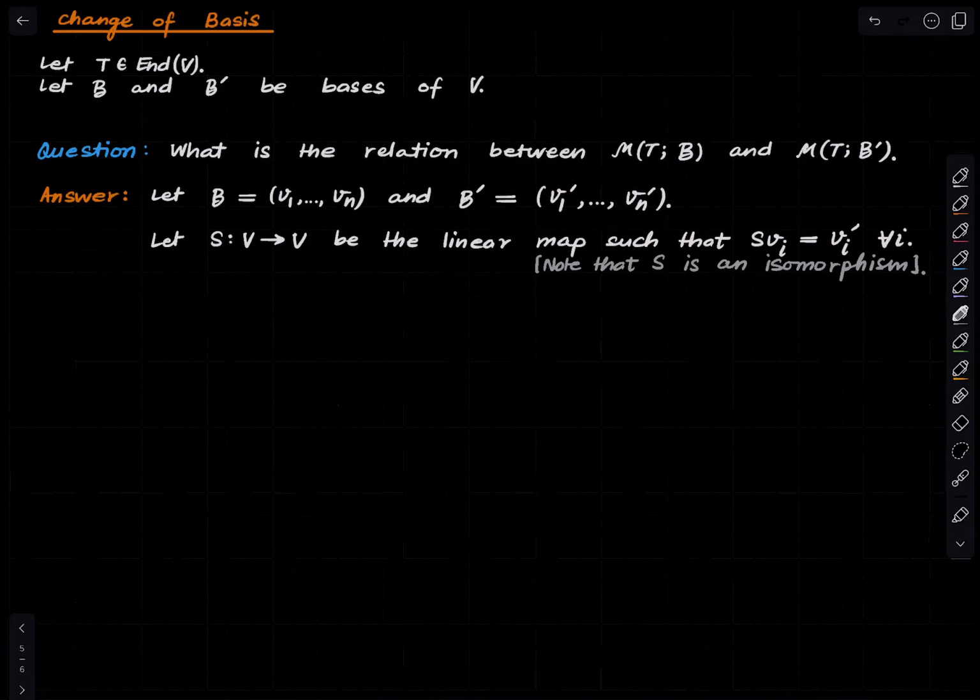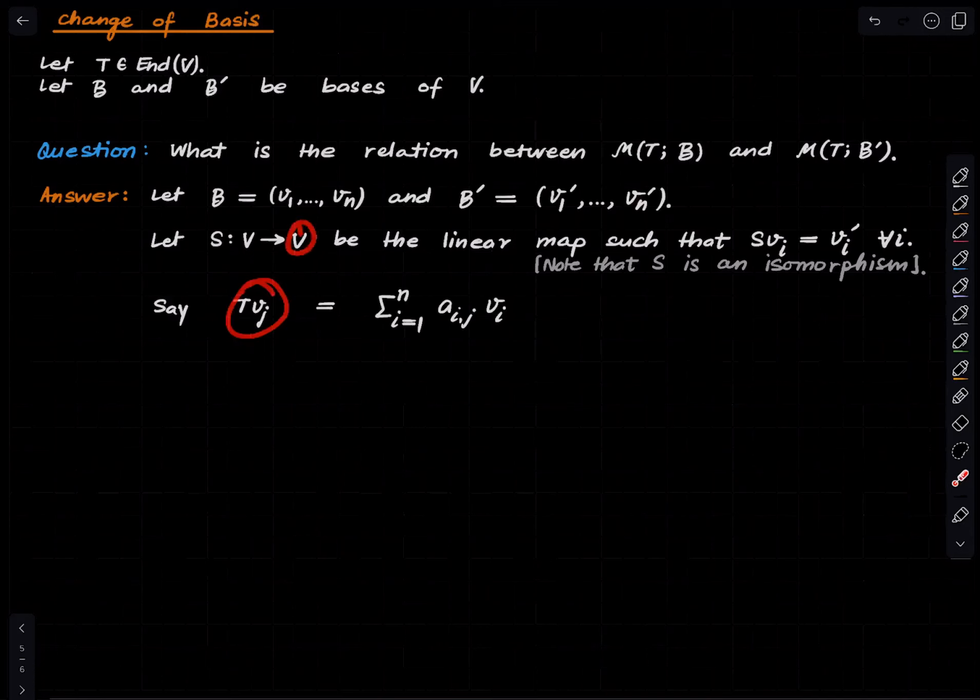Okay, and now say T of Vj is what I'm going to write, I'm going to explain this. So T of Vj is some vector in V, and any vector in V can be written as a linear combination of these because they form a basis.